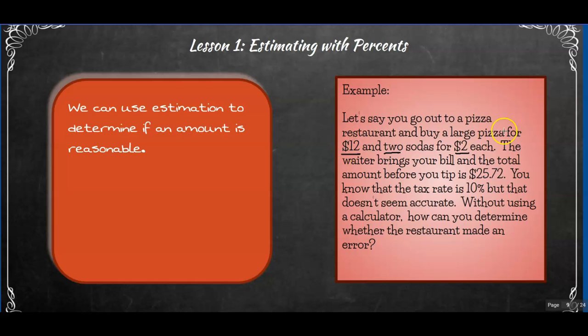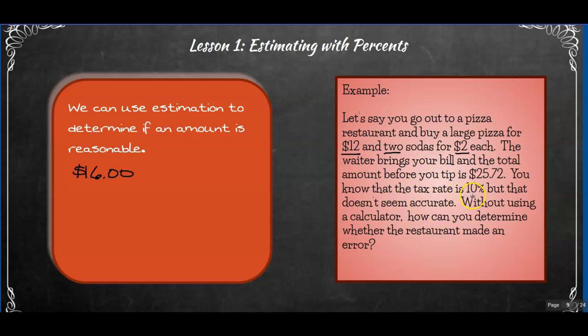So that adds $4 to your $12, which brings your total to $16 so far. The waiter brings your bill and the total amount before you tip is $25.72. You know that the tax rate is 10%, but that just doesn't seem accurate. Without using a calculator, how can you determine whether the restaurant has made an error?